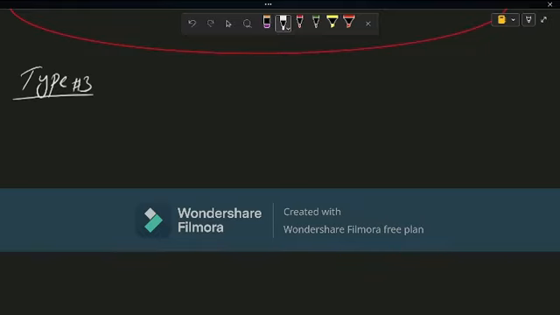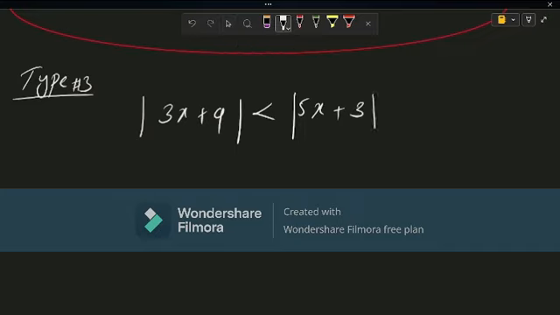For example, you have an inequality that contains mod of 3x plus 9 is less than mod of 5x plus 3, and on both sides of the inequality you can say it contains mod. Your first step should be to treat this inequality as an equality, like make an equal sign.